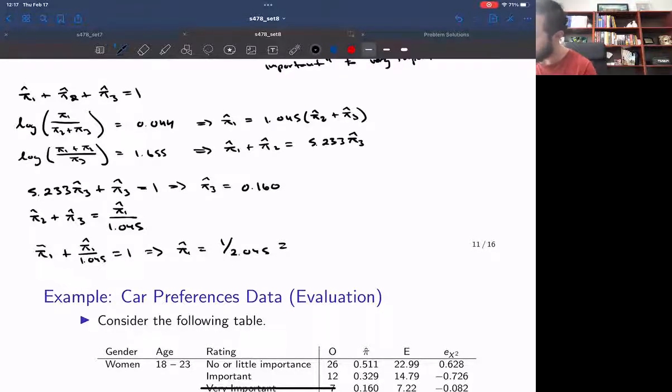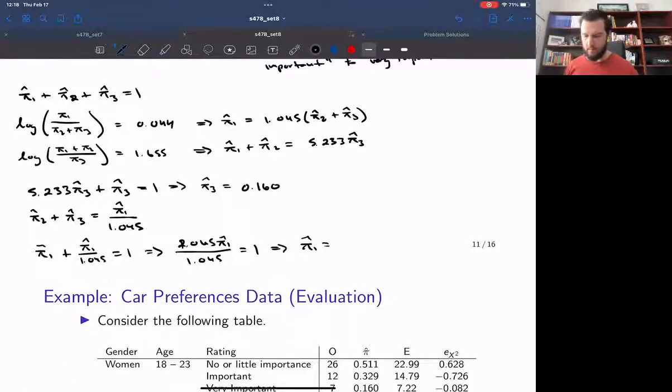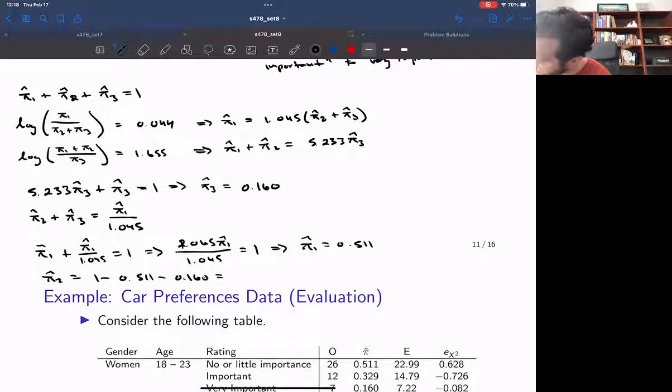Pi hat 1 equals 0.511, and then pi hat 2 is equal to 1 minus 0.511 minus 0.160, which is 0.329. Definitely not easier to work with, but we can extract the same information.